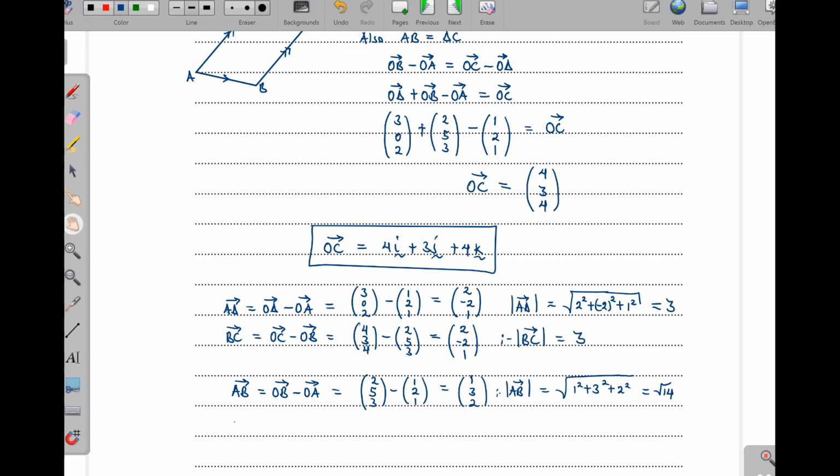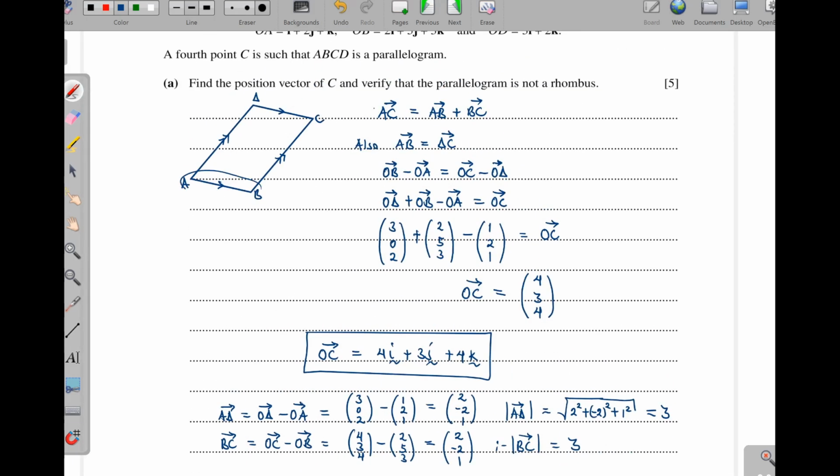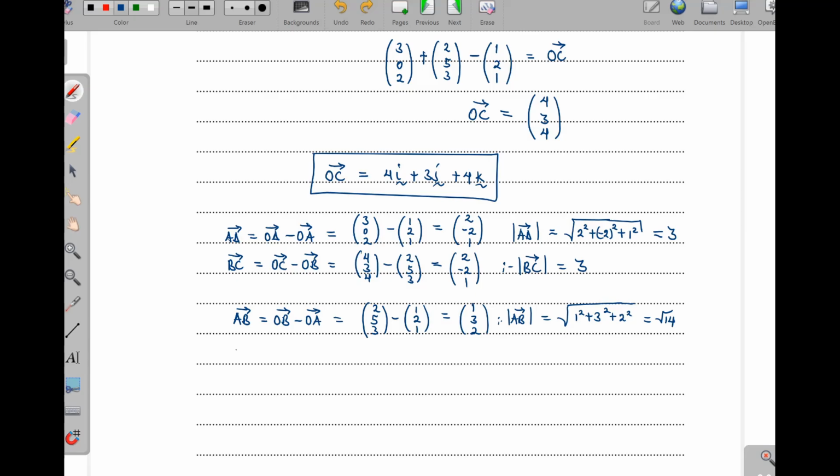Then what else? AB in correspondence with DC. So what is DC? DC is OC minus OD. Now our OC, we got it as 4, 3, 4. Then our OD is 3, 0, 2.